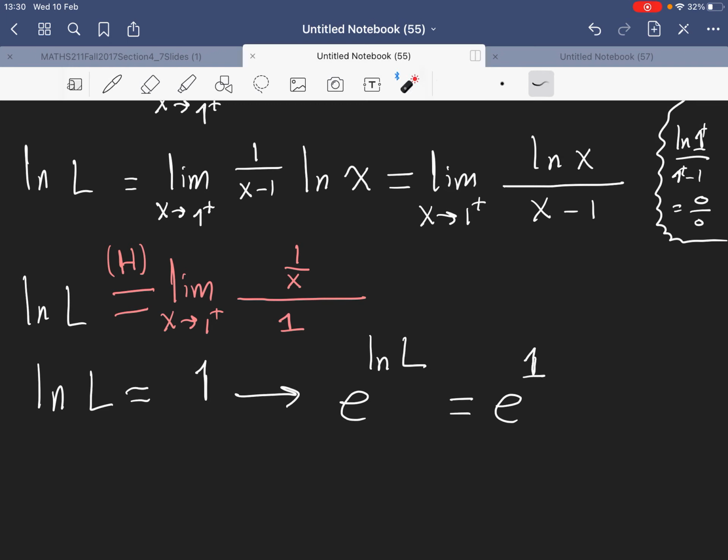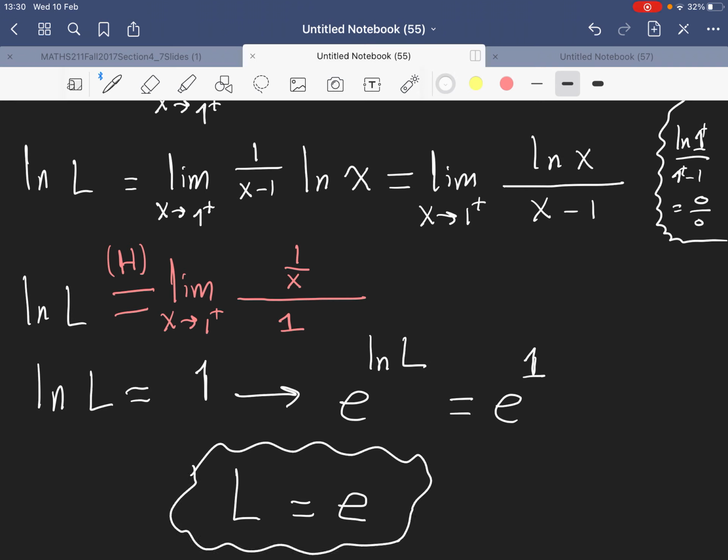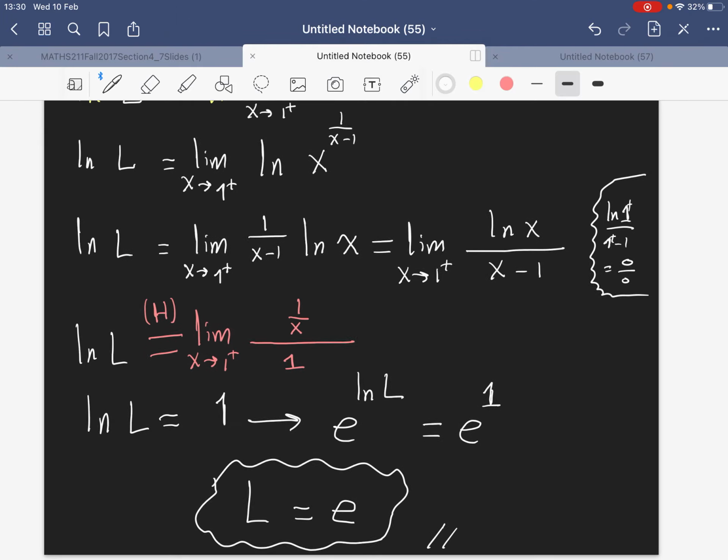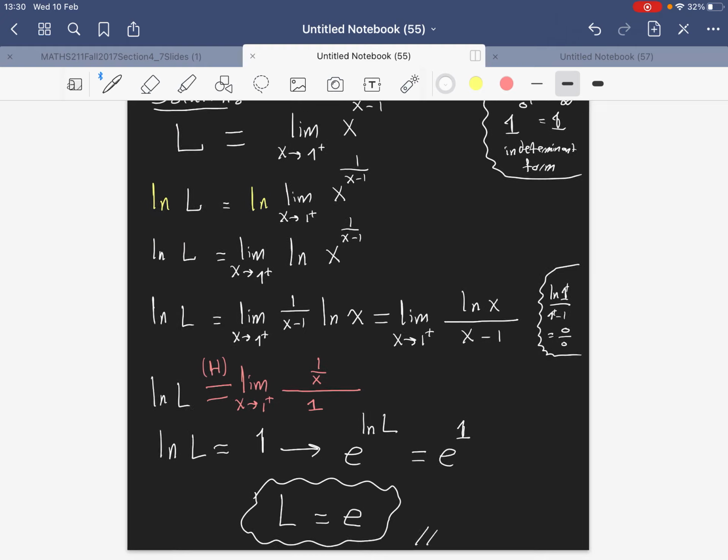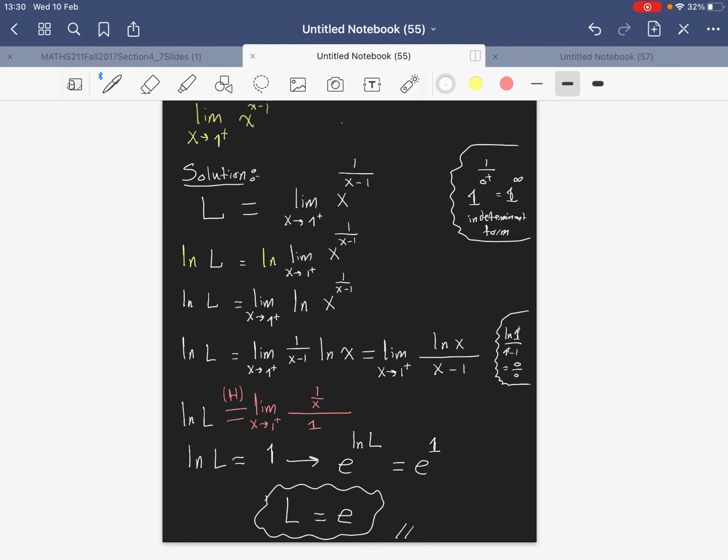Now, this ln and e will cancel each other, and you will be left with your L. The final answer is L equal to e to the power 1, and usually we don't write e to the power 1, we just write it as e, and the answer is e. So you can go through this one and check your solution.